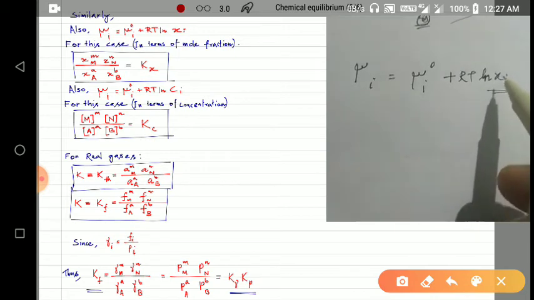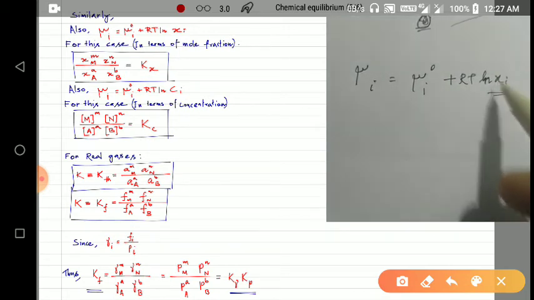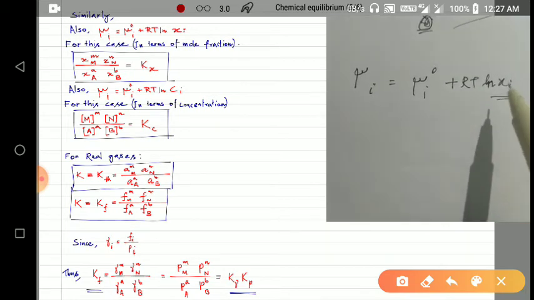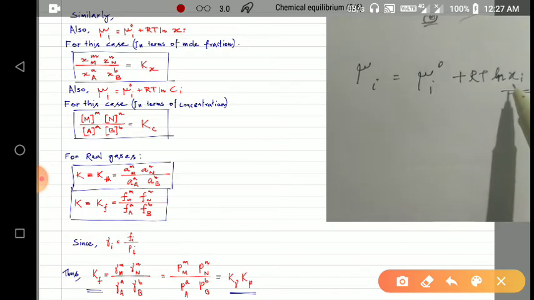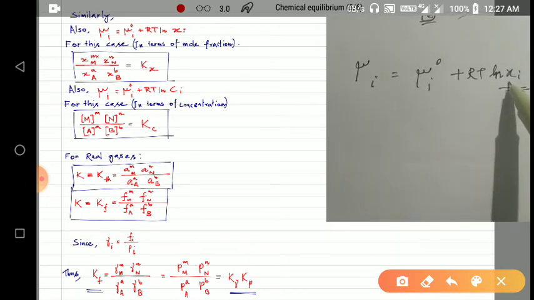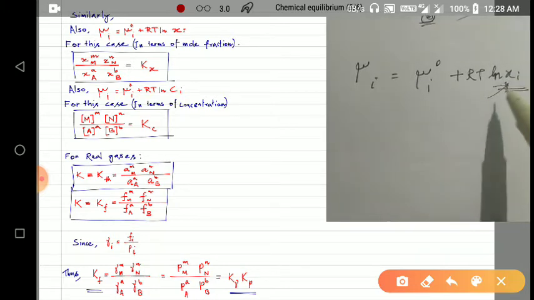We can replace the pressure by the mole fractions. If you are able to calculate the mole fractions of the reactants and the products for a reaction, then you can replace the pressure by the mole fractions.